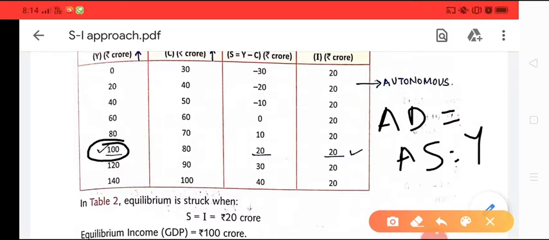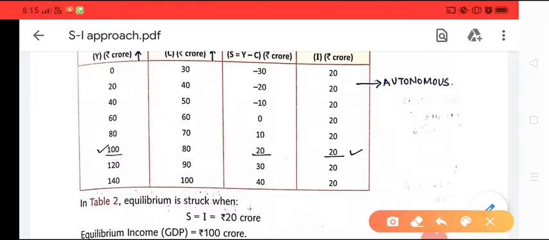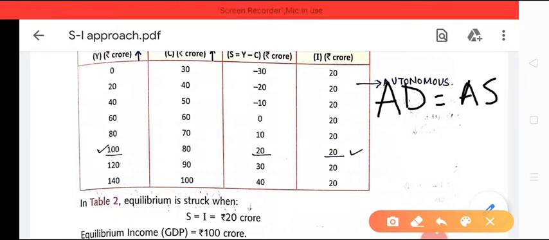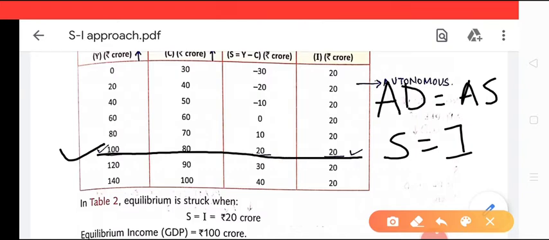At this level of income, consumption is 80, investment is 20. So C plus I equals 100. Therefore, both the approaches are fulfilling, both the conditions are fulfilled here. At the same level of income, aggregate demand becomes equal to aggregate supply and saving becomes equal to investment. So this is the level of equilibrium in the economy where both the conditions are fulfilled.